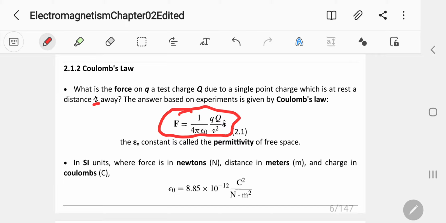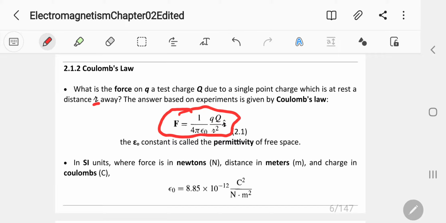When you're not in vacuum, the permittivity there is greater than epsilon sub 0. For example, if you have charges in dielectrics, or if you have 2 charges immersed in water, of course you're not going to use epsilon sub 0. Epsilon sub 0 is only used in vacuum space.